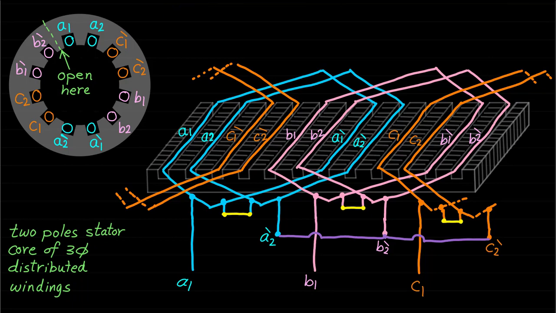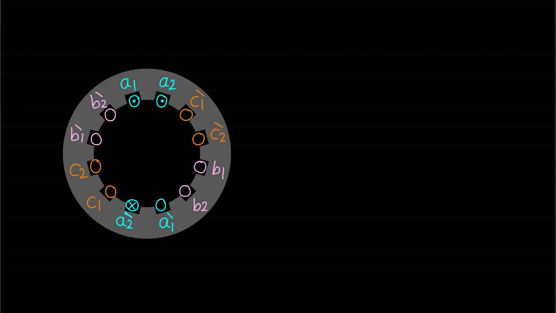It should be noted here that this stator represents a two-pole stator because each phase produces a magnetic field equivalent to the magnetic field of two magnetic poles. In other words, each phase produces two poles. For example, if a current flows through phase A winding in this direction, phase A will produce a magnetic field equivalent to the magnetic field of the two magnetic poles shown.